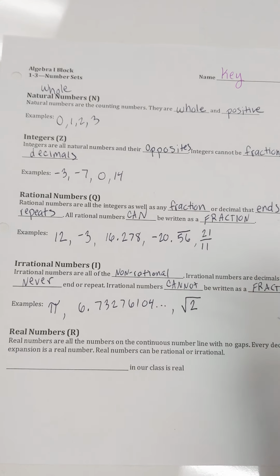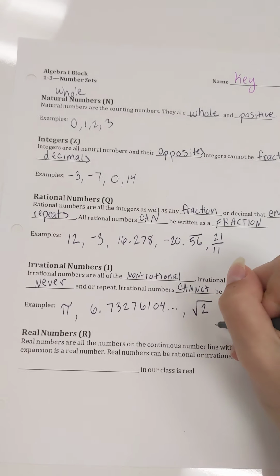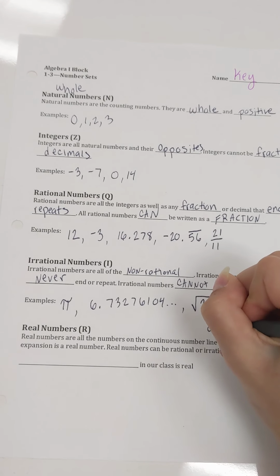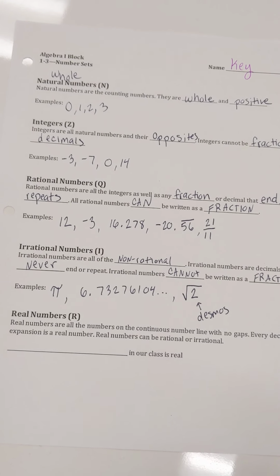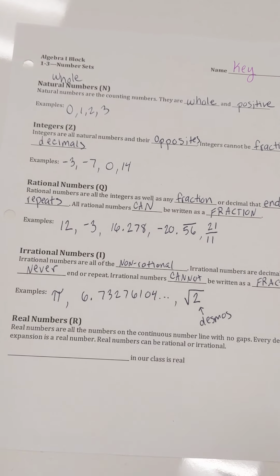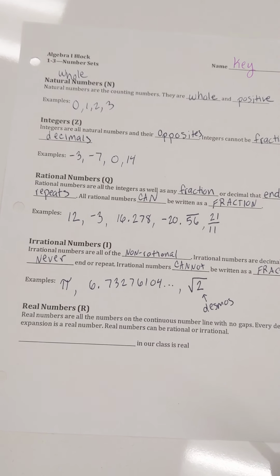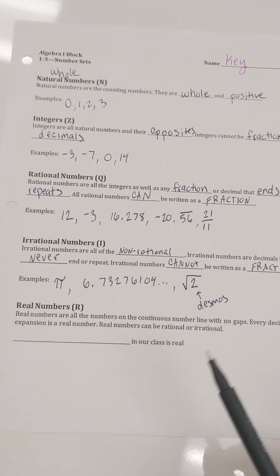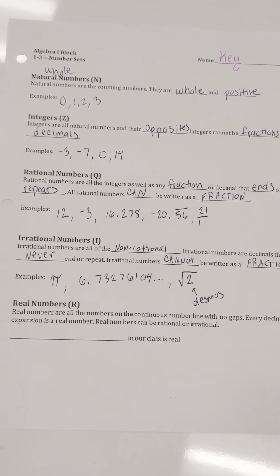The square root of 2 is an irrational number. You can go to Desmos and type in the square root of 2, and you're going to see that it's a non-ending, non-repeating decimal. Anytime you have a square root number, using Desmos would be useful to you to see if it's irrational or if it's rational.